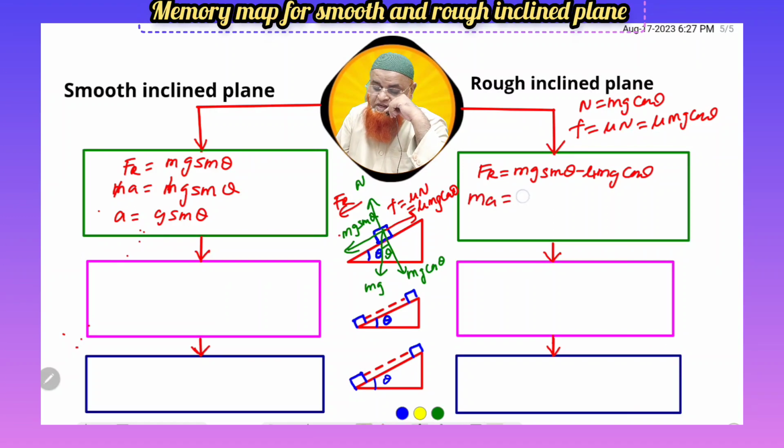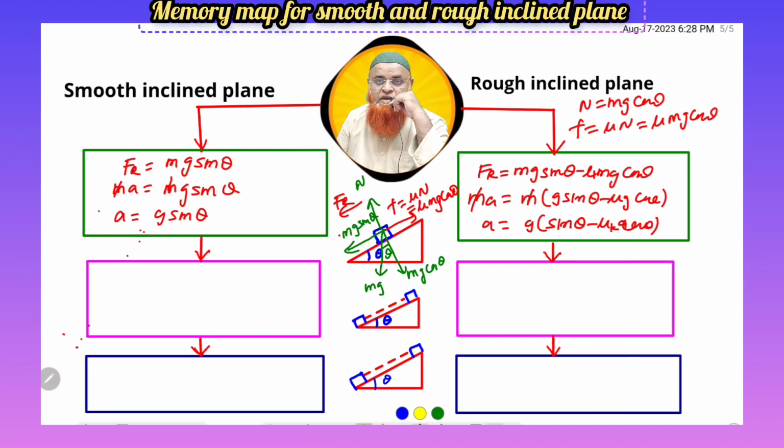If you take m common, how much will you get? g sin theta minus mu g cos theta. So m gets cancelled, and acceleration will become g times sin theta minus mu k cos theta.